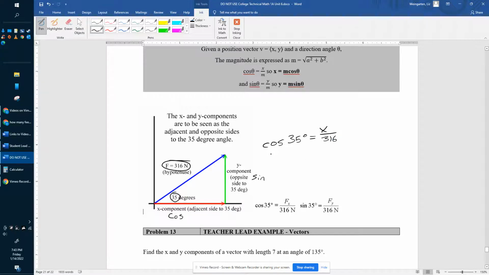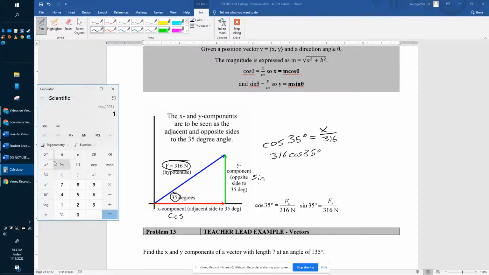Multiply both sides, 3/16 times cosine of 35 degrees. Put that into your calculator. Times 3/16 gives us 258.9.